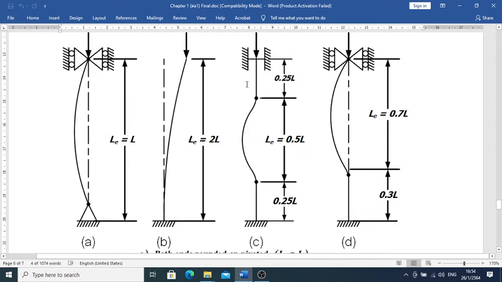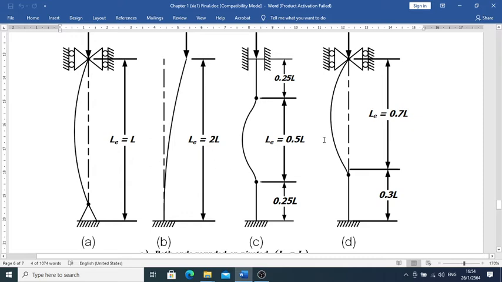This is the configuration of most machine parts that we typically deal with. And D is another type of machine part. We fix one end, and the other end we just allow to move in only one direction. Okay, another one where we just fix it. We have L sub E equal to 0.7L.